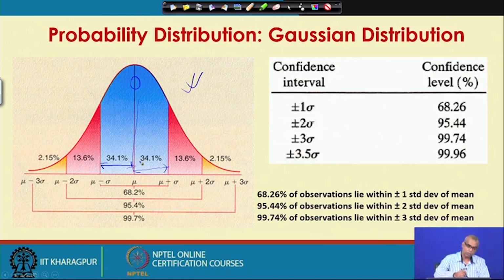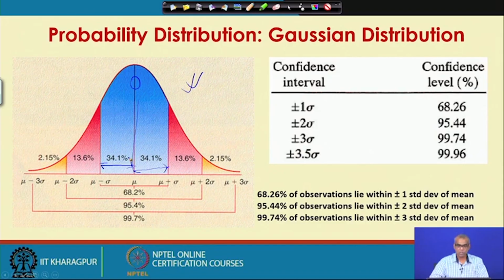So, in mu plus sigma, in this interval 34.1% of all the observations will lie. Similarly, in mu minus sigma another 34.1% will lie.